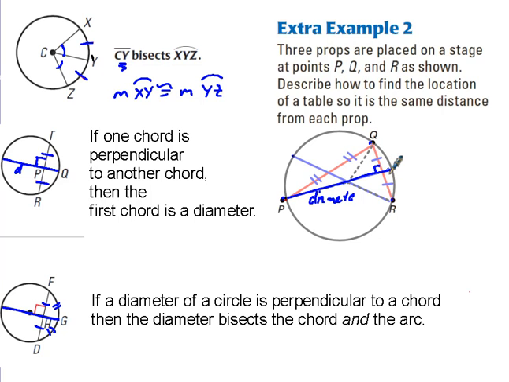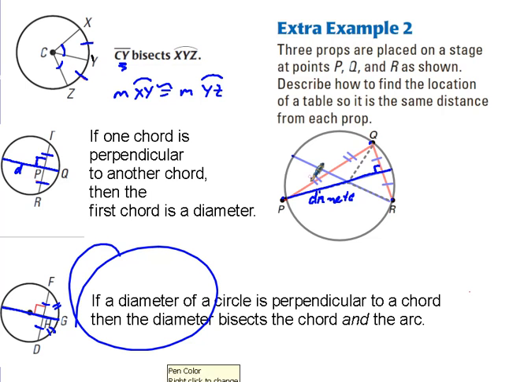That's from this property over here. So we have a diameter, and we have another one where it's bisecting this other segment here. We know where it's bisecting, so all we'd have to do is construct a perpendicular line through that bisector. And if that's perpendicular there, that is also a diameter.